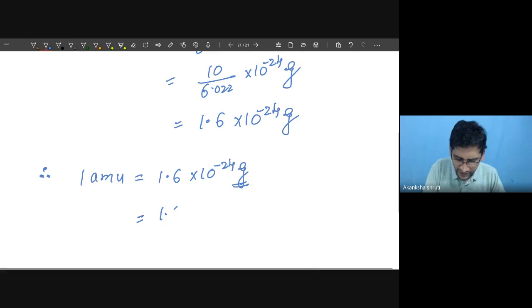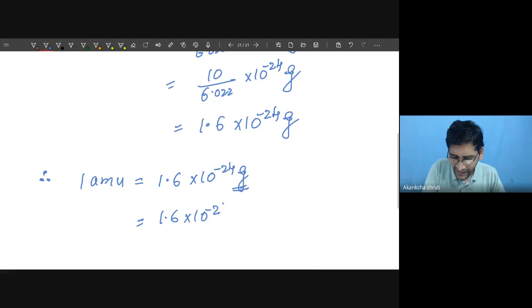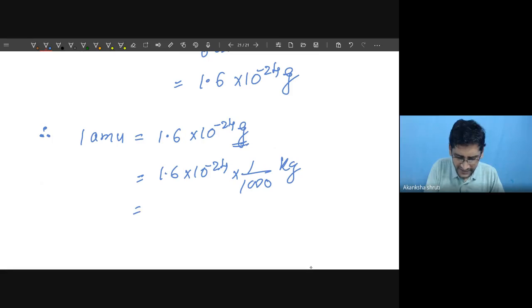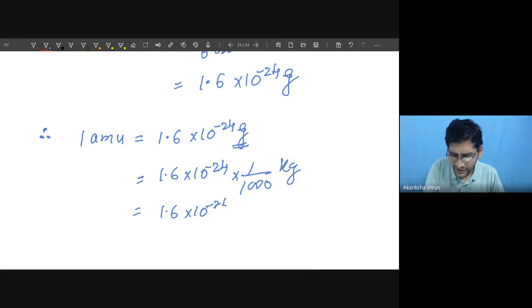For kilogram, what we need to do? We further have to divide this by 1000. Dividing by 1000 means it is 1.6 into 10 to the power minus 24 divided by 10 to the power 3 in the denominator.